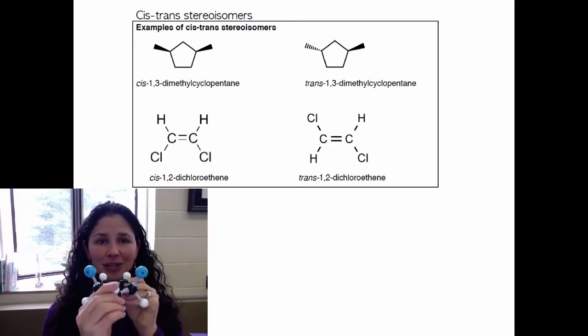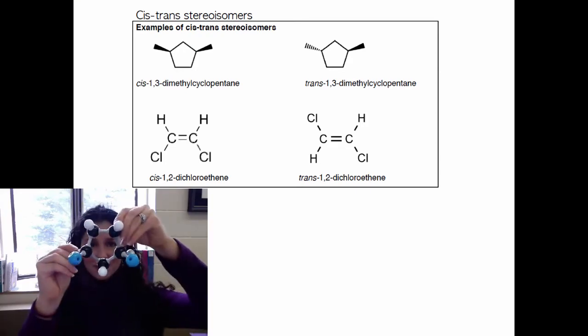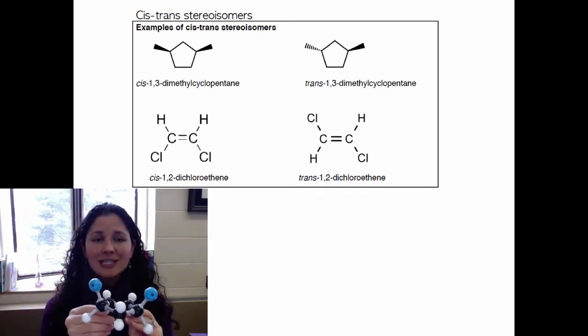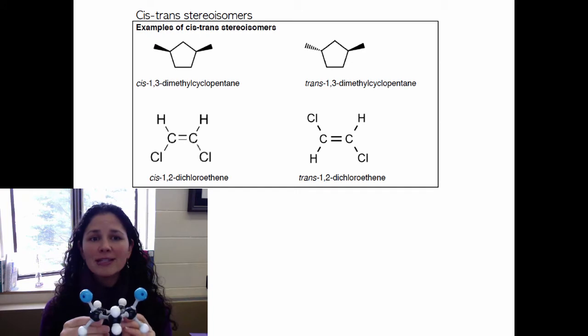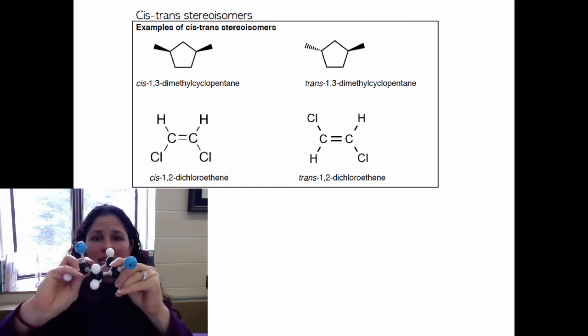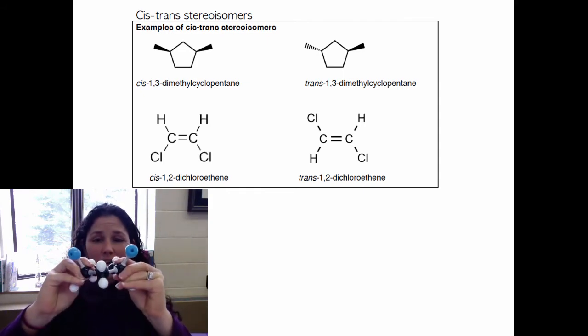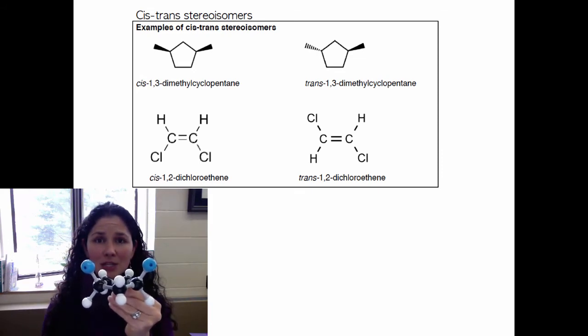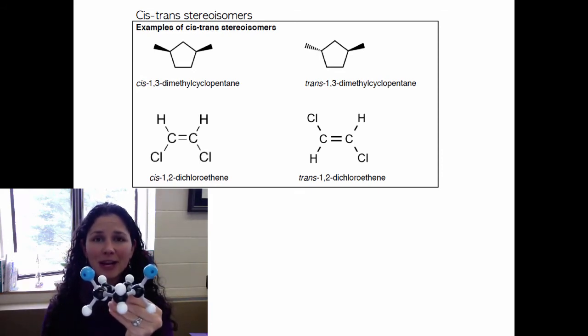Here is an example of a molecule with a ring that has 2 groups on the same side of the ring. This is similar to the cis 1,3-dimethyl-cyclopentane on the slide in front of you. I can't freely rotate these bonds anymore. They're stuck. And so these 2 groups are stuck in the cis position, or on the same side of the ring.